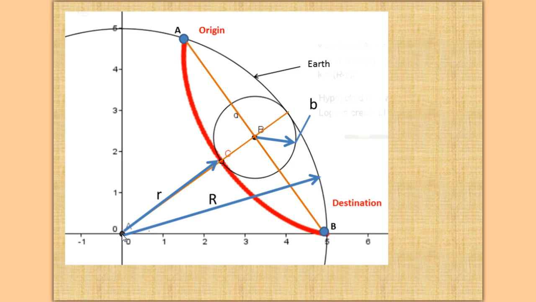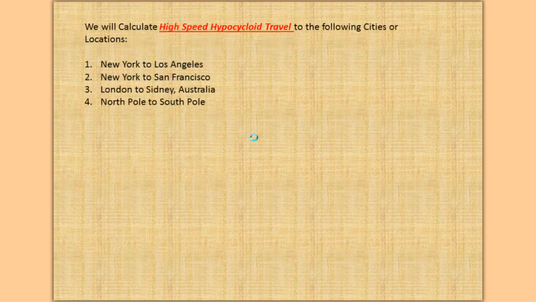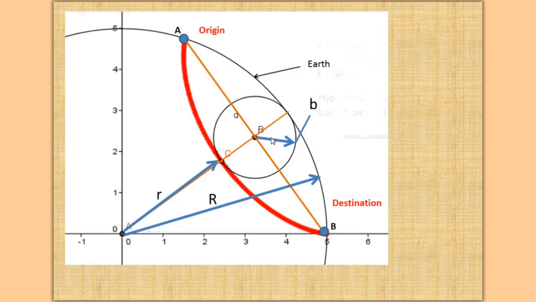From the center of the Earth to the bottom of the hypocycloid is the small r. From the center of the Earth to the surface of the Earth is the radius of the Earth. And from the center of the rolling circle to the outer part of the rolling circle is the radius of the rolling circle, and that's b.